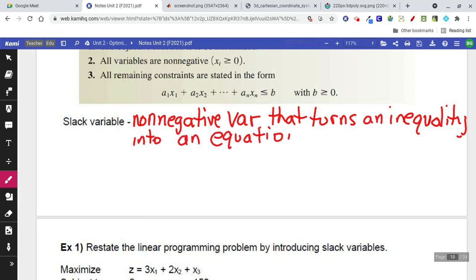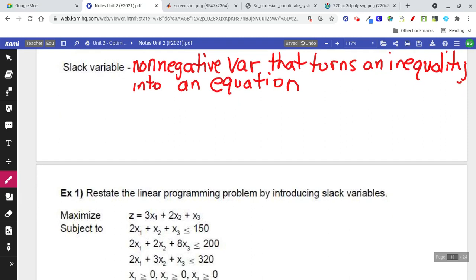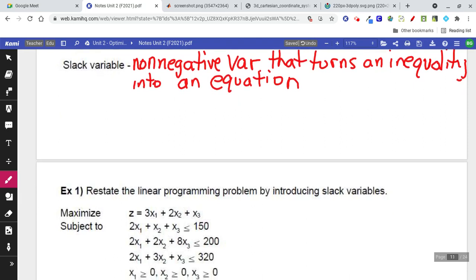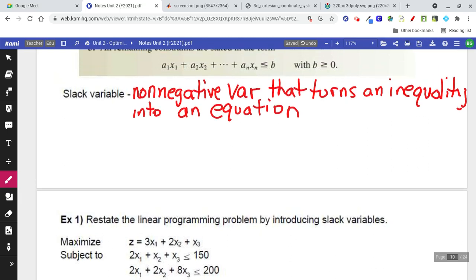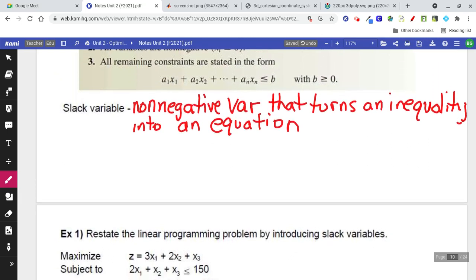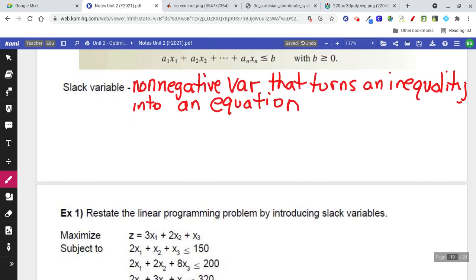It's kind of a weird concept, but we don't really want the inequalities. Look at problem 1, see all those inequalities, less than or equal 150, less than or equal 200. We don't really want inequalities for this process, so we're going to have to change them into equations, and that's where the slack variable comes in.